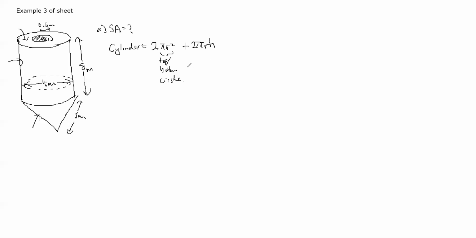Think very carefully now. Which part of this formula do we need, and which part of this formula do we not need because of the context of this question? I hope you said, I need one of the circles, not 2, and I need the side portion. Okay. Next, what part of the cone do I need?